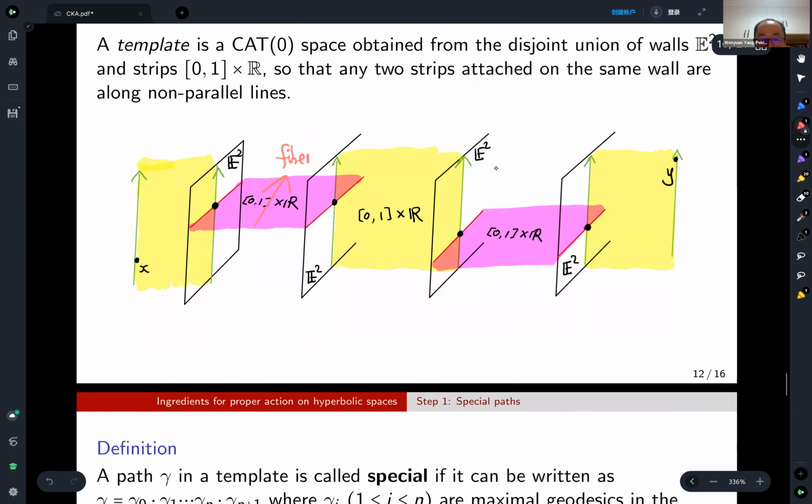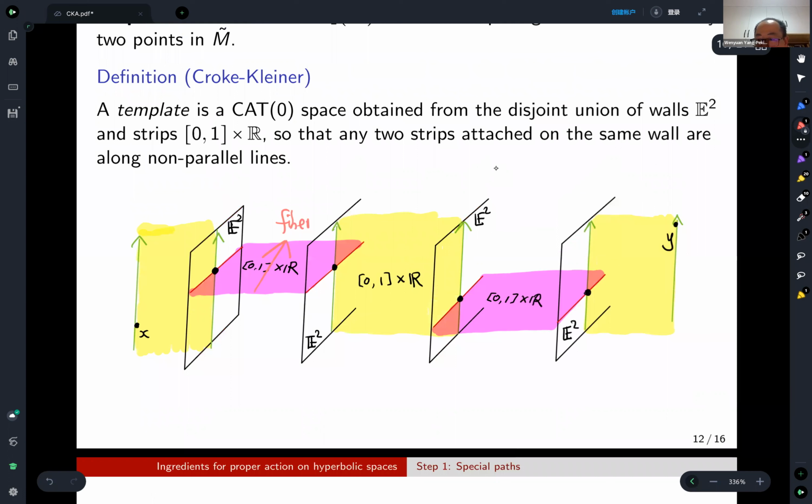Then we want to understand, for instance, if we take two points X and Y, what the geodesics between them are. The geodesic must travel in each strip, and when crossing a wall, you may cross in this way, then continue.